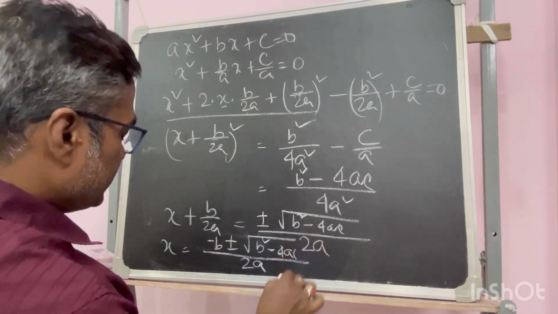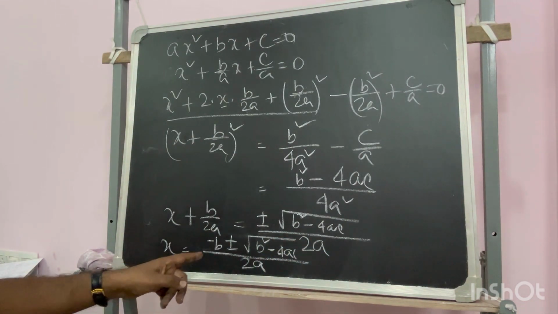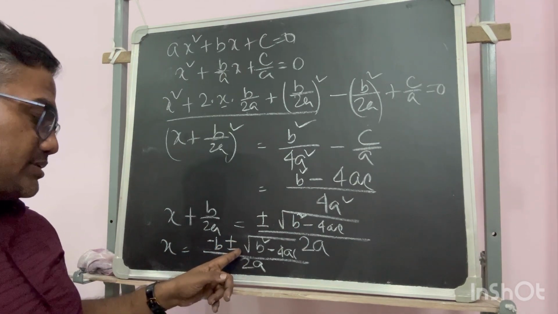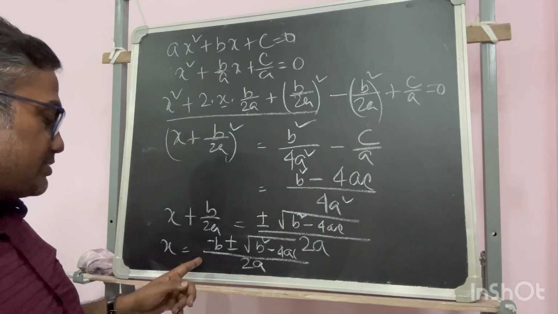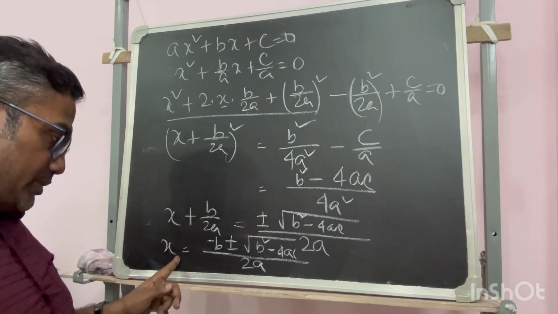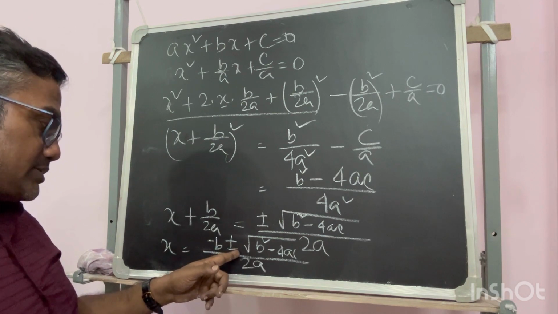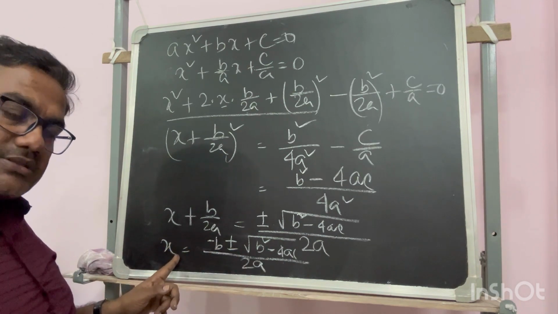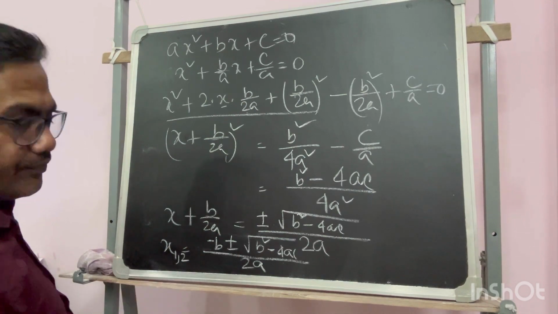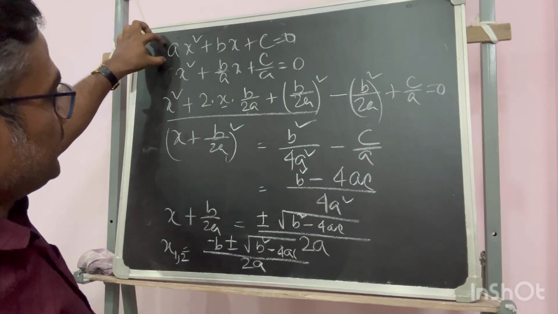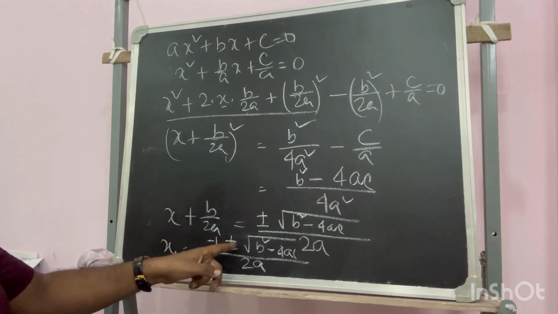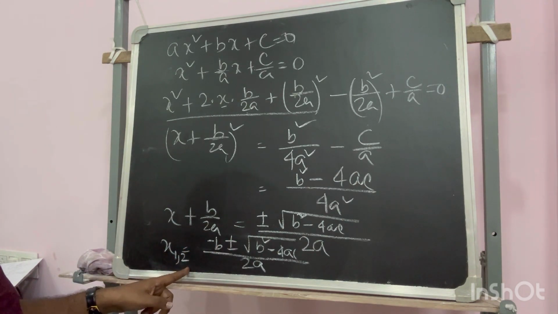Okay, so see, there are two signs coming, plus and minus. What does it signify? If I take plus, I will get one value of x. If I take minus, I will get another value of x. So this can be represented as the two roots of this quadratic equation, x1 if I take plus, x2 if I take minus.